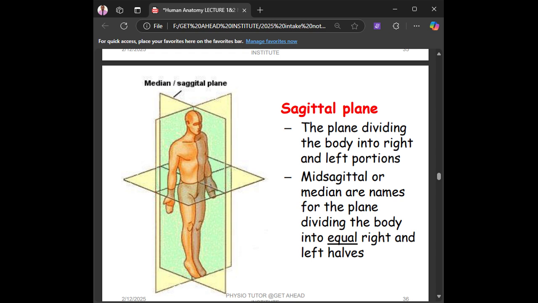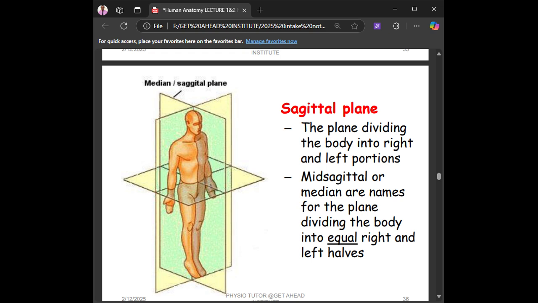The sagittal plane is a vertical plane. The sagittal plane is a vertical plane that passes through the center of the body, dividing the body into right and left portions.